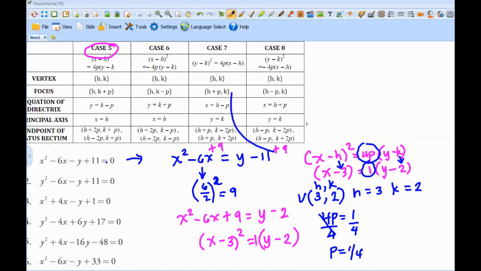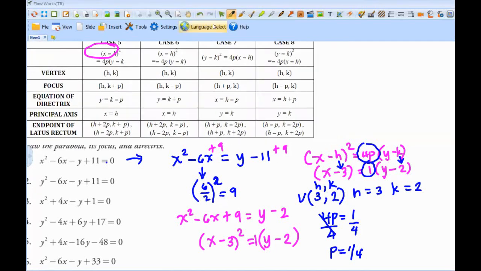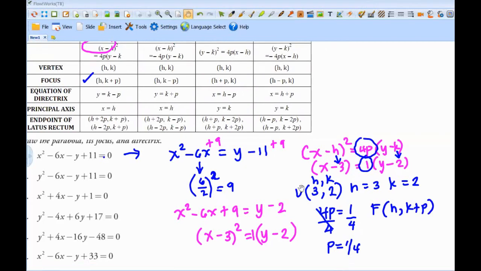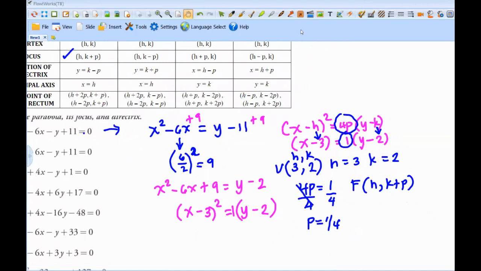After that, we have to get the value of the focus. So what is the focus formula? The focus is at h, k plus p. So our focus is the h, which is 3, and k plus p, so 2 plus 1/4 is 2.25.